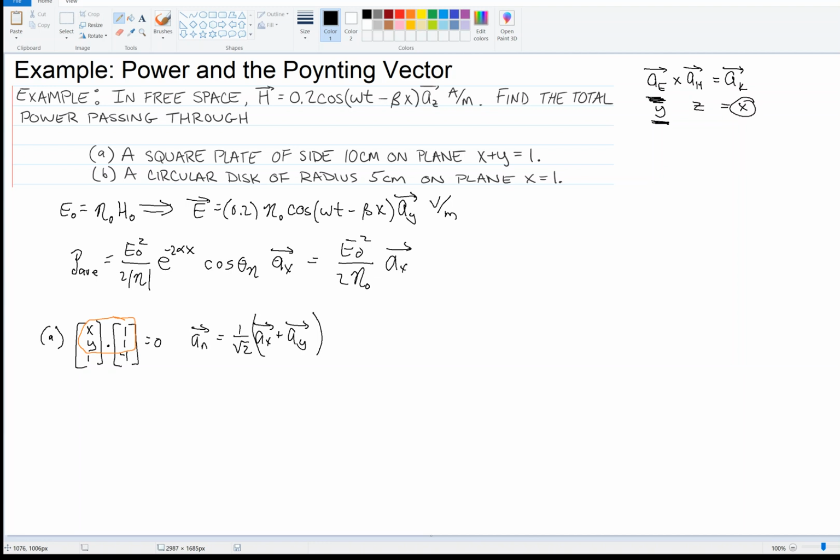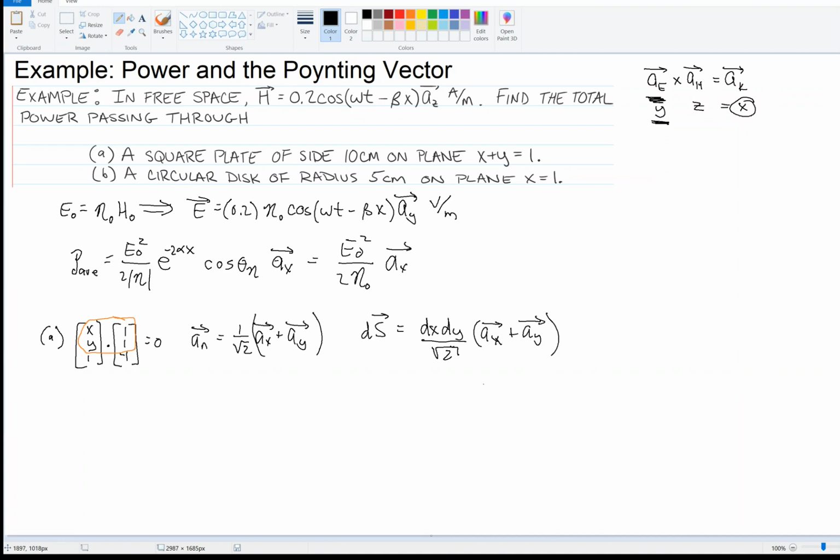So that's our normal vector, and that means our differential surface area vector is dx dy over the square root of 2 times ax plus ay.